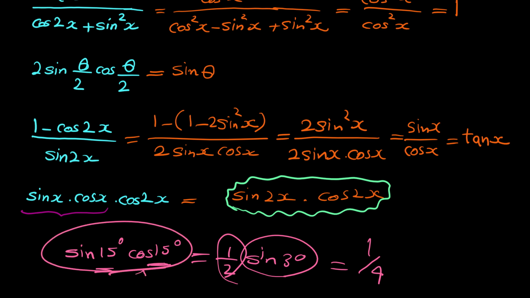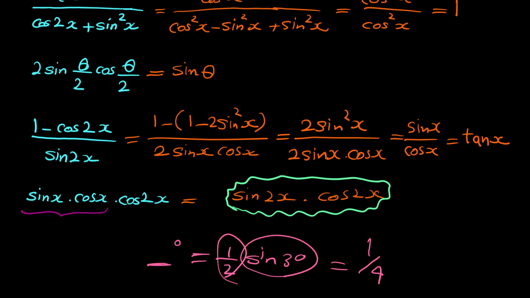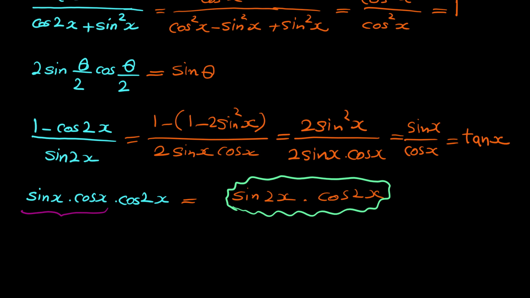So this expression is equal to 1/4. Let me ask you another question. Suppose I am asking you, what is sine of 20 degrees times cosine of 20 degrees? Sine of 20 times cosine of 20 is 1/2 sine of 40.